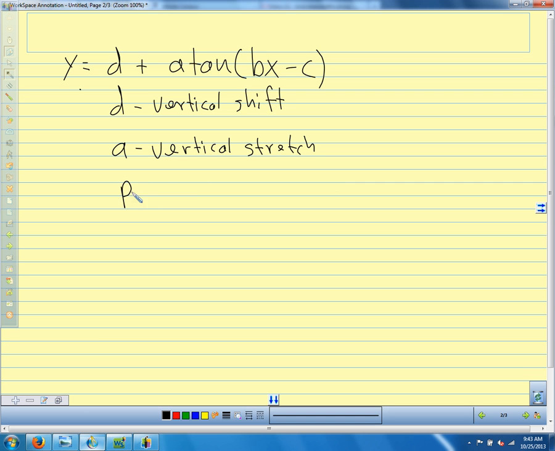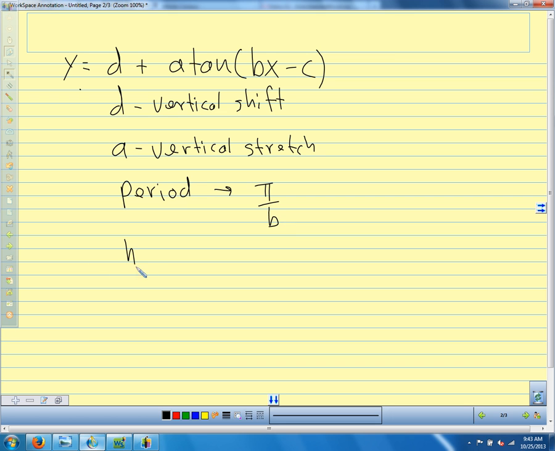Our period. Since the period of tangent is pi, our period is going to be changed to pi over b. So with sines and cosines, it was 2 pi over b. For tangent, it's going to be pi over b.